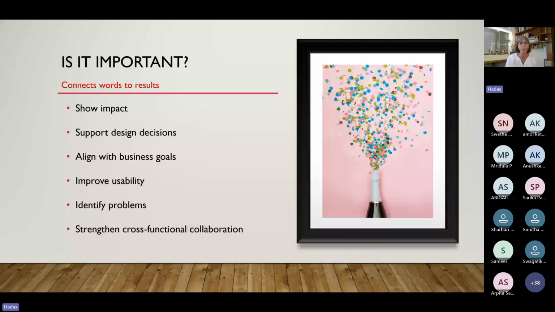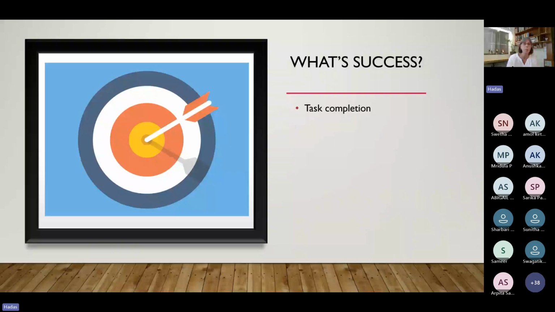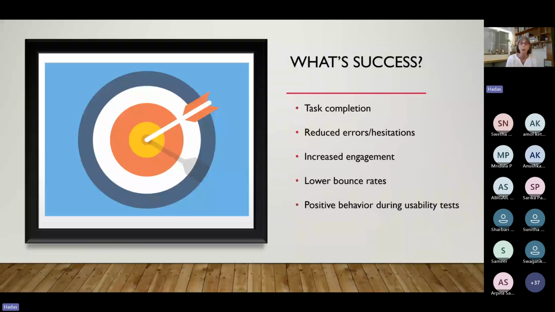So what is success? It's users being able to complete tasks, reduced errors and hesitations, increased engagement, a lower bounce rate, and positive behavior during usability tests. For instance, you'll be watching them and they'll be saying, oh yeah, that makes sense. Oh, okay, that's easy. So all of this is providing you with information.